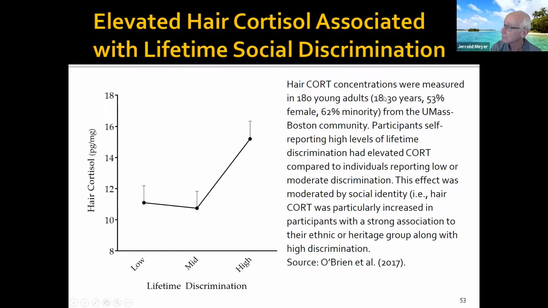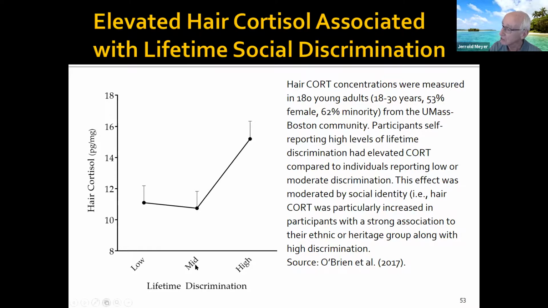These were more or less young adults, about half male and half female, and almost 2/3 were minority. Participants self-reported amounts of lifetime discrimination as well as recent discrimination. We didn't specify racial discrimination, but this was obviously one of the major sources of discrimination.